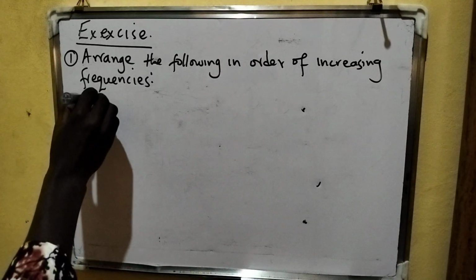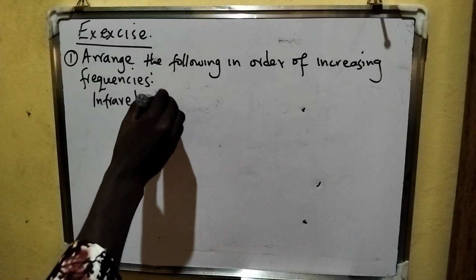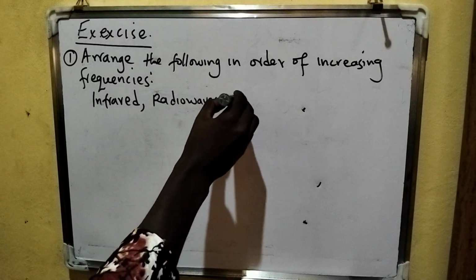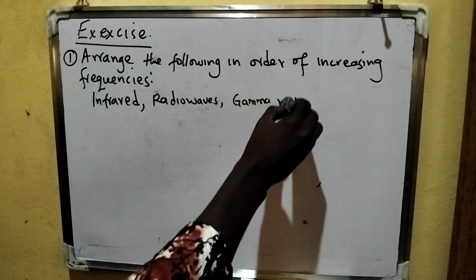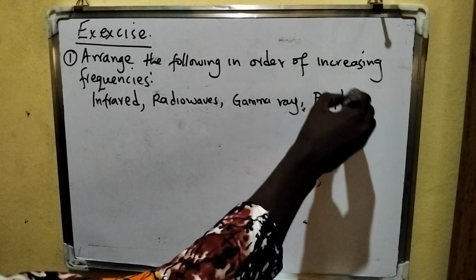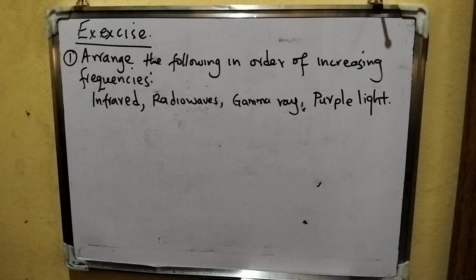We have infrared, radio waves, gamma rays, and purple light. A hint: purple light will fall under the visible spectrum.